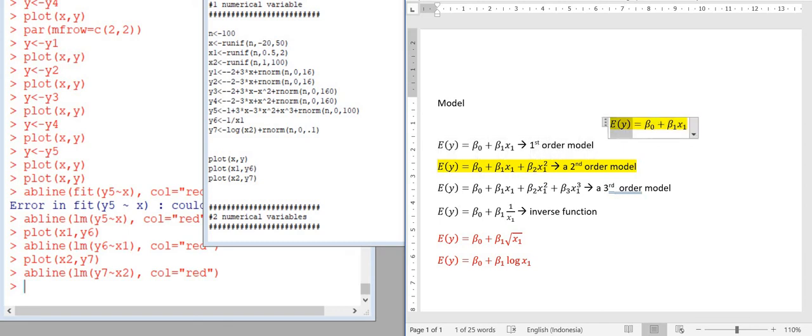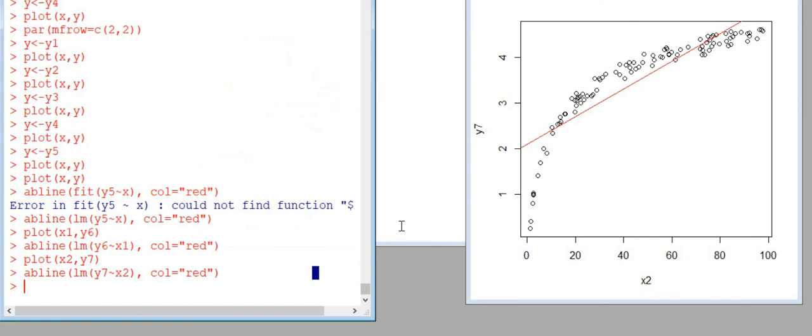That anything is decided by the functional form, the mathematical form of the relationship between x and y. To be able to do that, you need to do your data visualization, and you really need to know the behavior of different types of functions like quadratic, cubic, logarithm, square root functions, and so on.